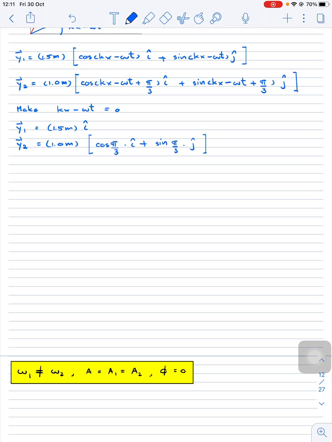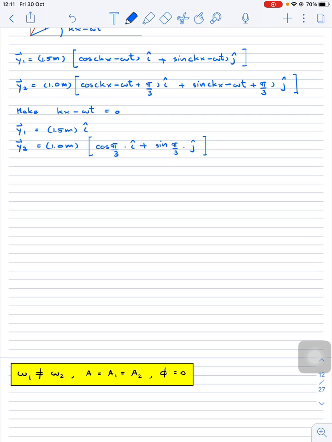Now we just want to find y, the resultant vector, which is going to be equal to y1 plus y2. So let's sum everything together.